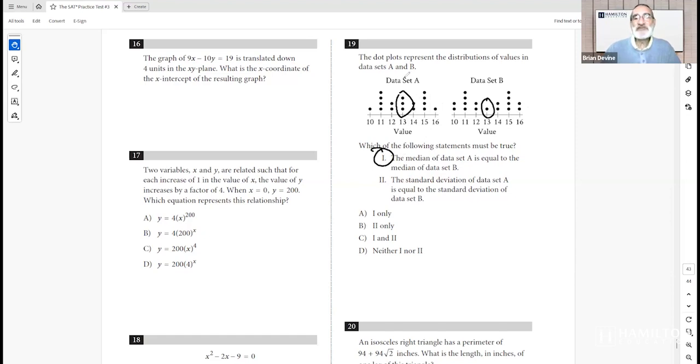Then I note that B is more spread out. It's got more stuff on the edges than A does. A is a little bit more compacted towards the middle, which means the standard deviation of B has to be greater than that of A, which means that 2 is not true. So 1 only means that A is the correct answer.